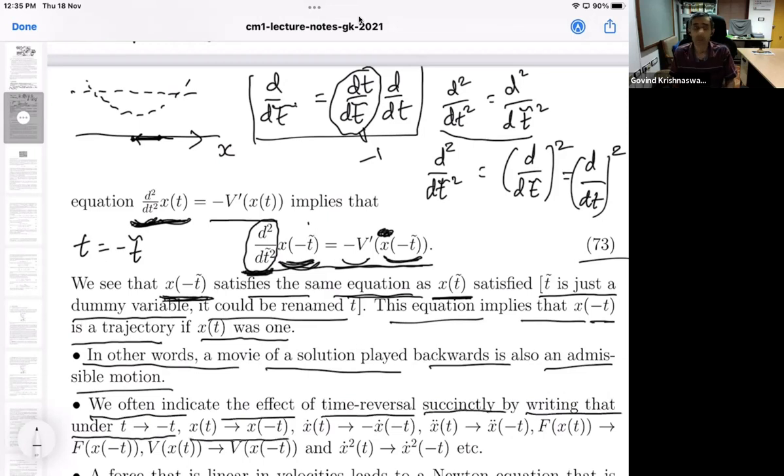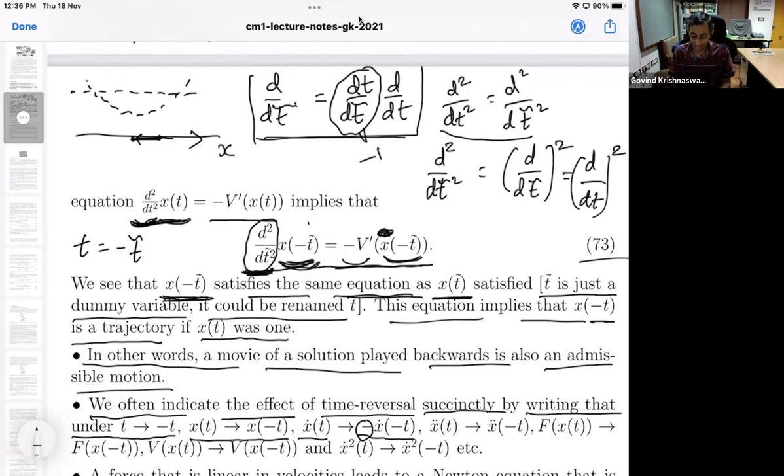I hope that is easy enough to follow. x dot of t will go to minus x dot of minus t. Because the d by dt is going to change sign, and therefore there is going to be a minus sign. That's what we just calculated. So this is a kind of a shorthand notation for writing out such expressions in more detail.